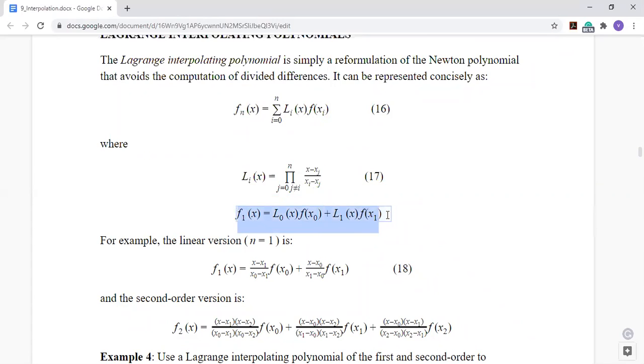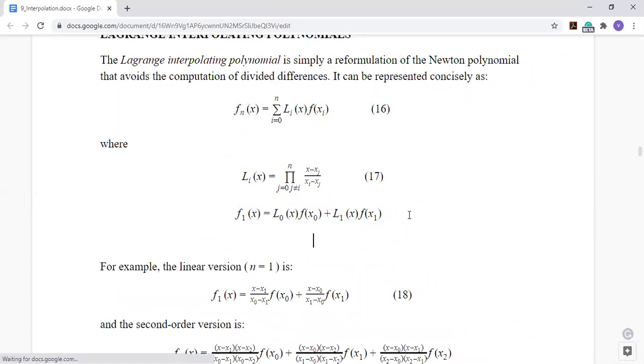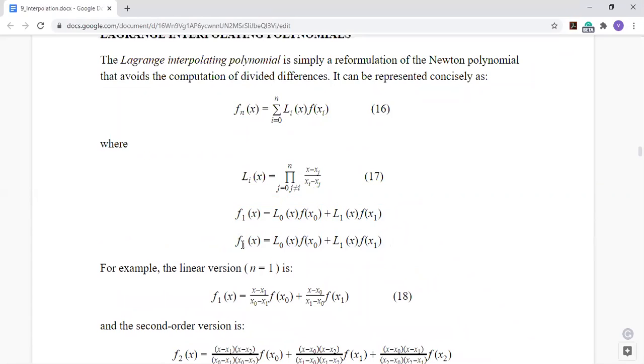If it's a second order polynomial for the Lagrange, so now you want to fit a second order polynomial, n is equal to 2.